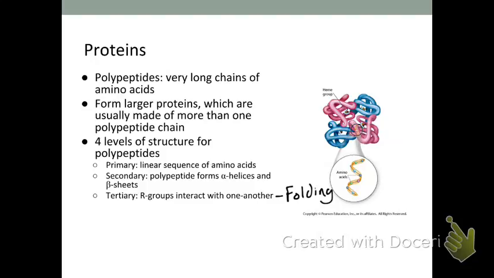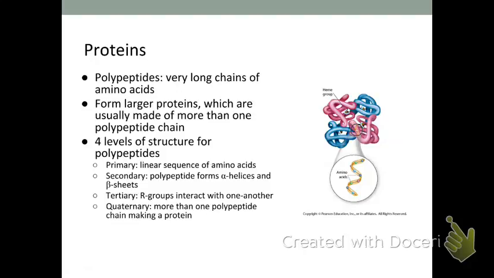Now, what we didn't get to in our activity was quaternary structure, and that's when you get more than one of these chains interacting. So if I grabbed another one and somehow got them to stick together, that would be quaternary structure.